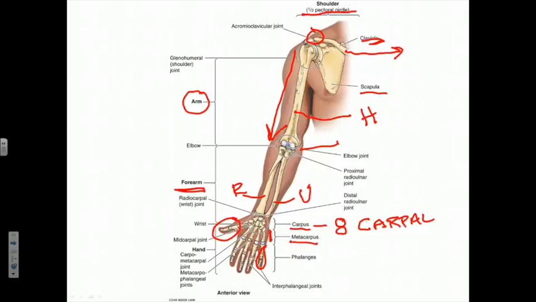You can see that there are 5 metacarpals, 1 associated with the thumb, and 4 that form basically the beginning point of the fingers. But as we'll see in a moment, we can't easily visualize these metacarpal bones because they're covered by muscles and tissue and skin that make up the palm of the hand.